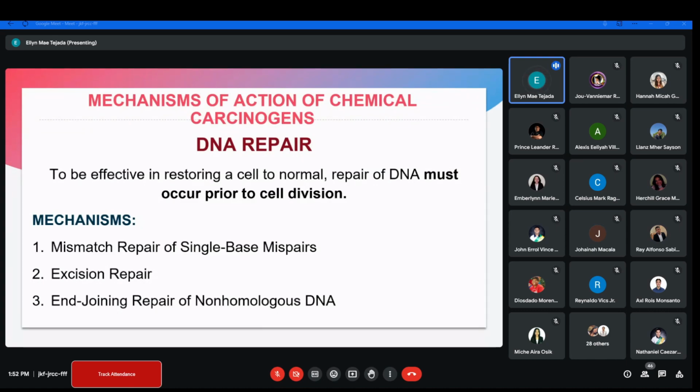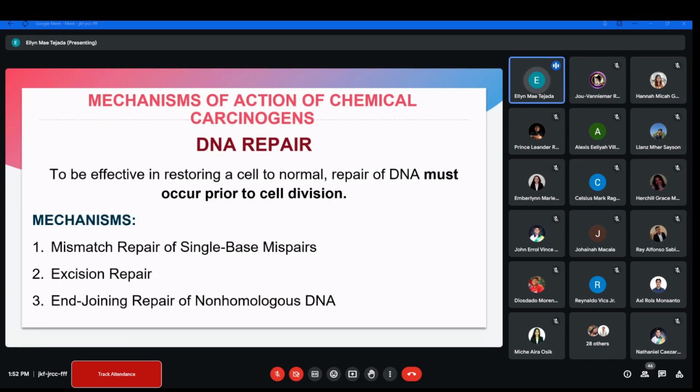Thus, a chemical that alters the repair process or the rate of cell division could definitely affect the frequency of neoplastic transformation. As you can see here, these are the DNA repair mechanisms: the mismatch repair of single base mispairs, excision repair, and joining repair of non-homologous DNA.